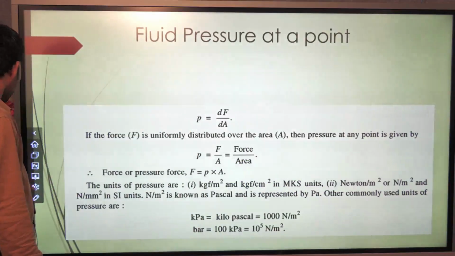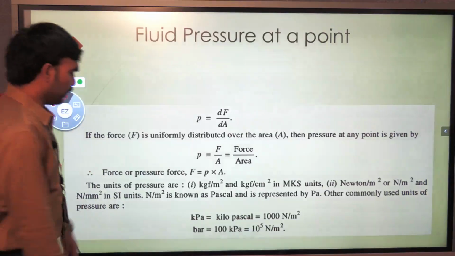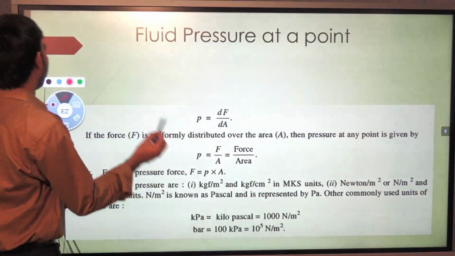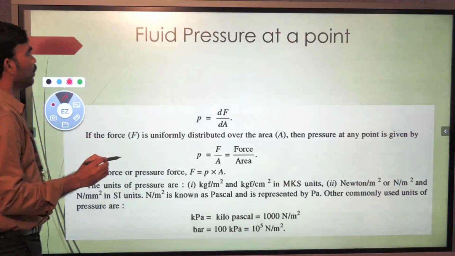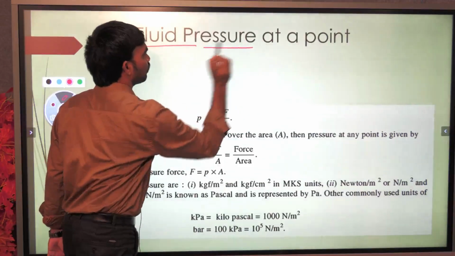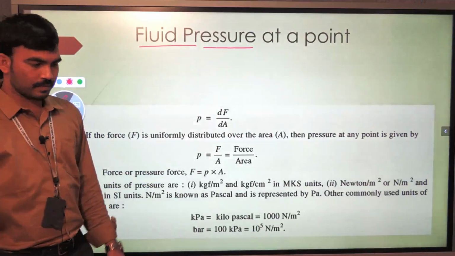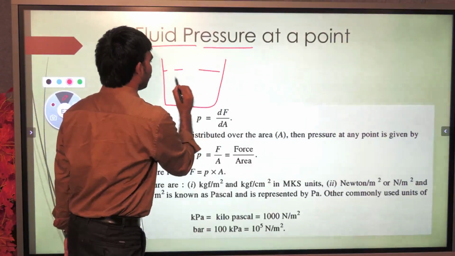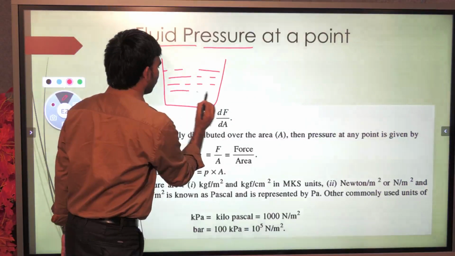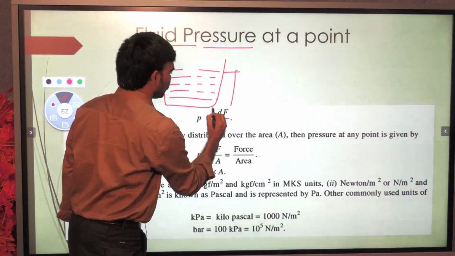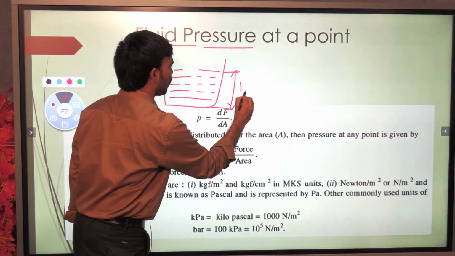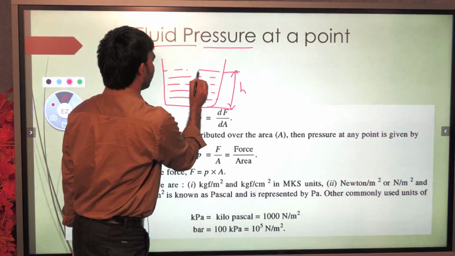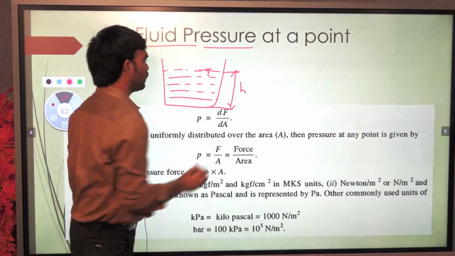The first thing is the fluid pressure at a point. For example, there is a container which is having a liquid. This is the head of the liquid available, H. You can say this is the free surface of the liquid.